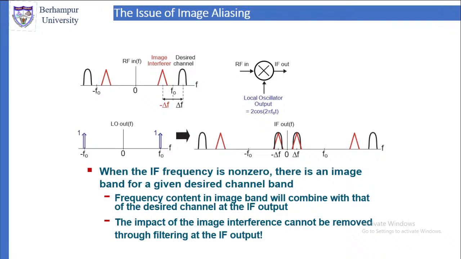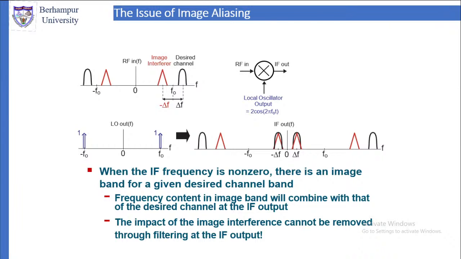If we move to the left of the F0 by an amount delta F, then there is the image interferer. So this is possible, and assume that this is existing. The image interferer is also there in the RF.